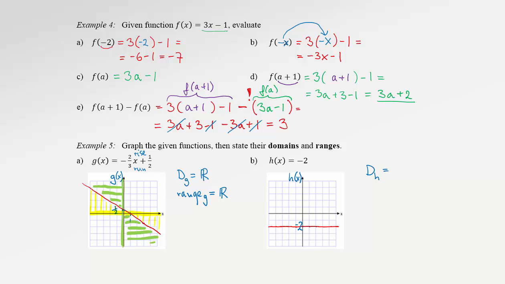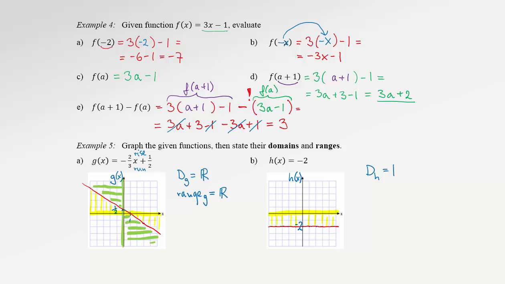I use a subscript here, domain of g, domain of h, just because this way we know which function we refer to. So domain of h, when you project your graph onto the x-axis, everything is covered. The entire number line is taken. So it's not a problem.